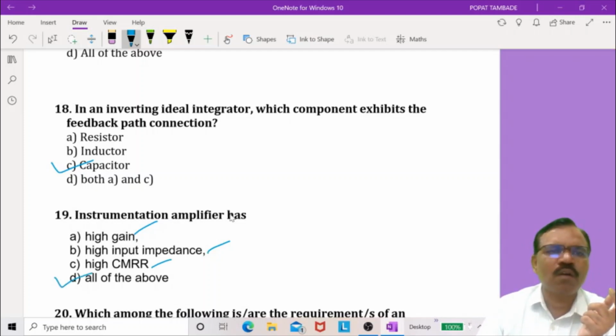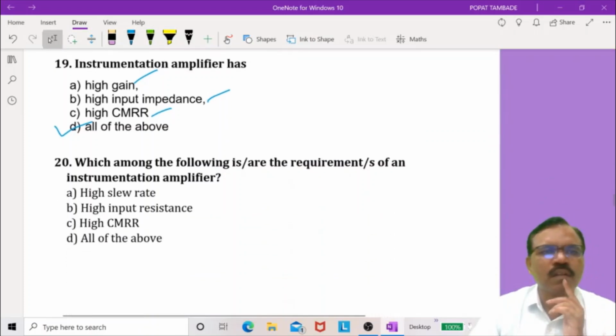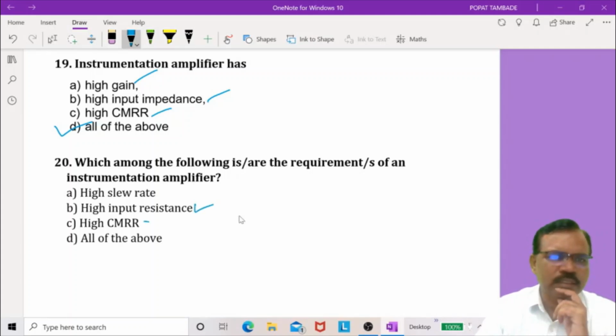So all of the above are correct. Now which among the following are the requirements of an instrumentation amplifier? The instrumentation amplifier must have high input resistance, high CMRR, and high slew rate. So all of these.